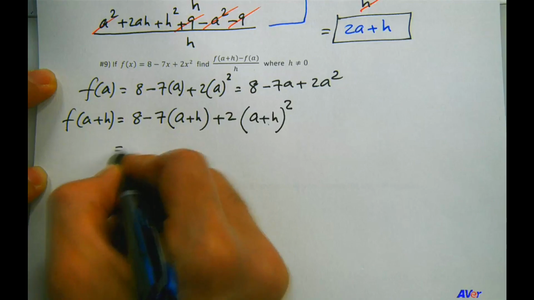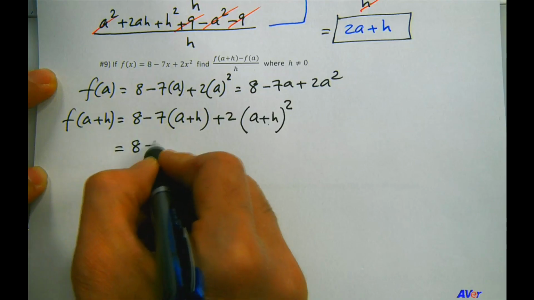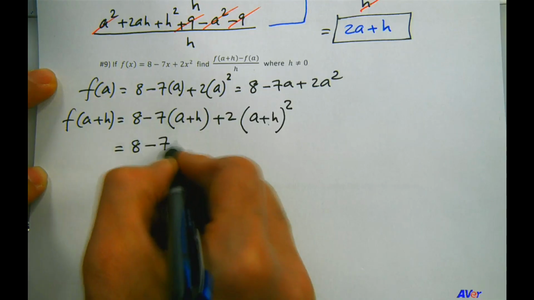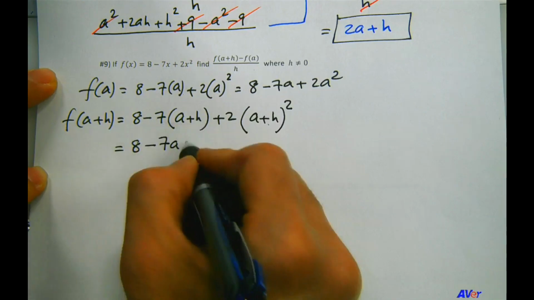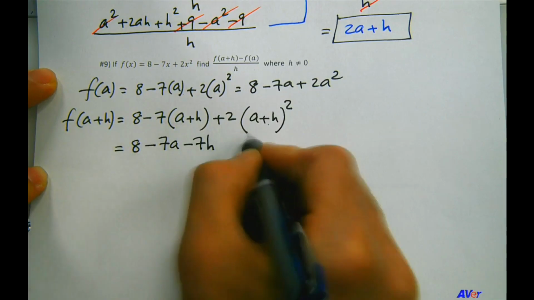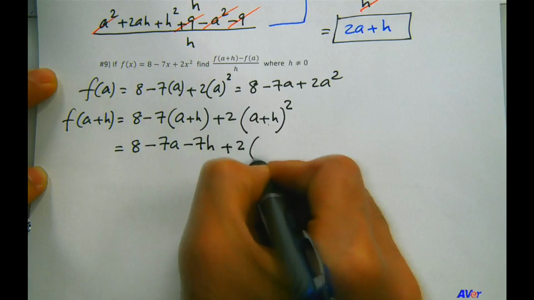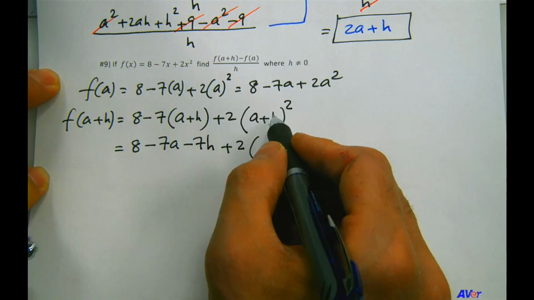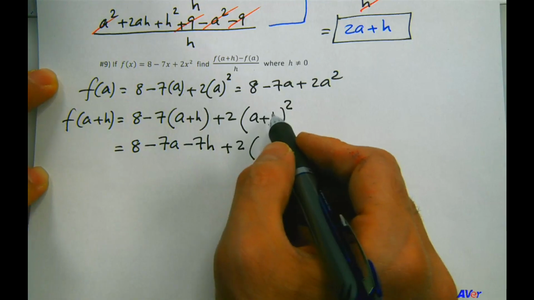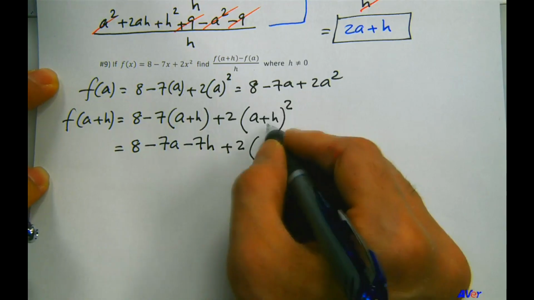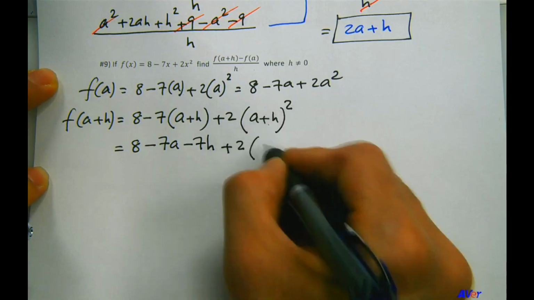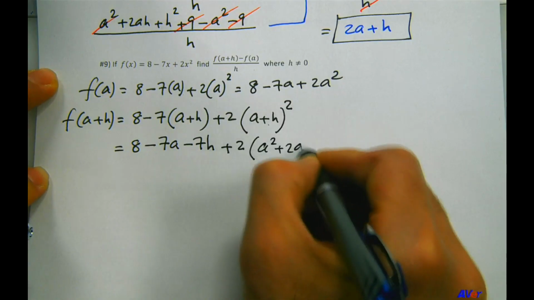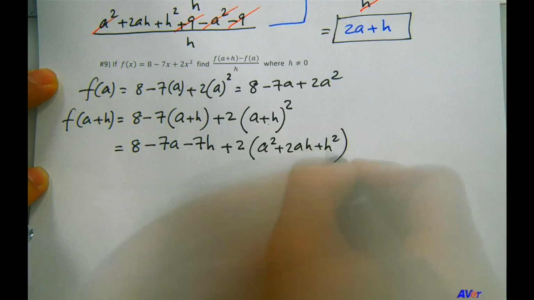So this equals 8 minus 7 times a, which is minus 7a, minus 7 times h is minus 7h, plus 2 times the expansion of this, using either the special product formula if you remember it, or FOIL it in case you don't remember that: a squared plus 2ah plus h squared.